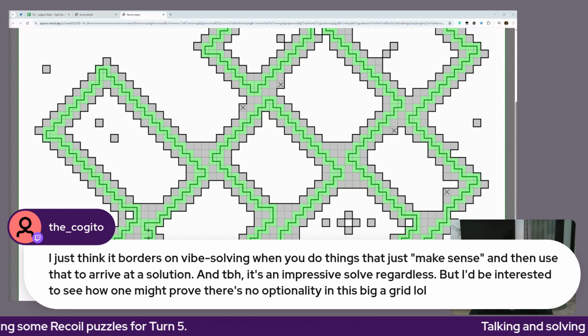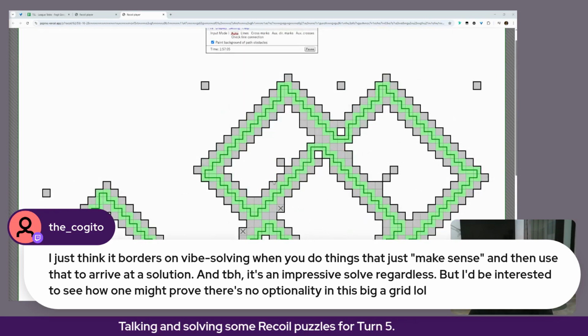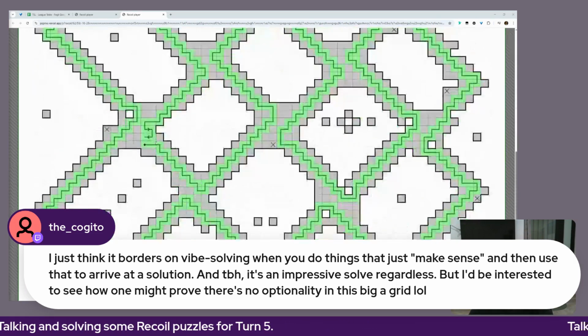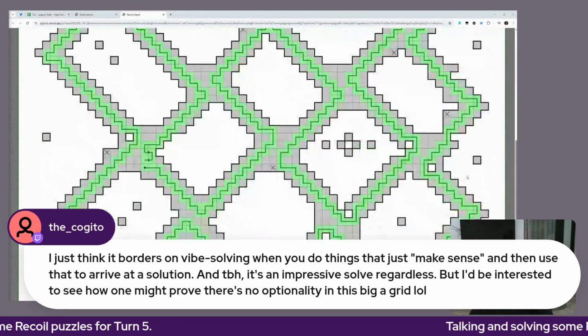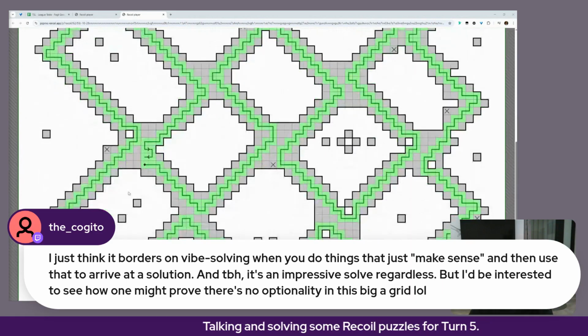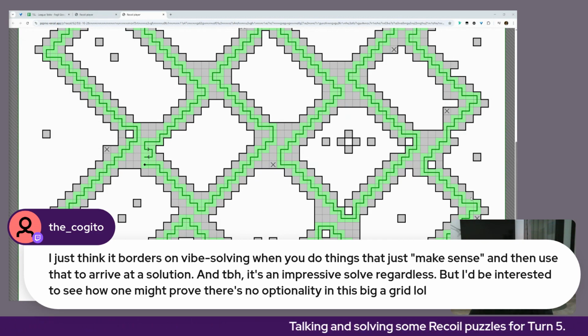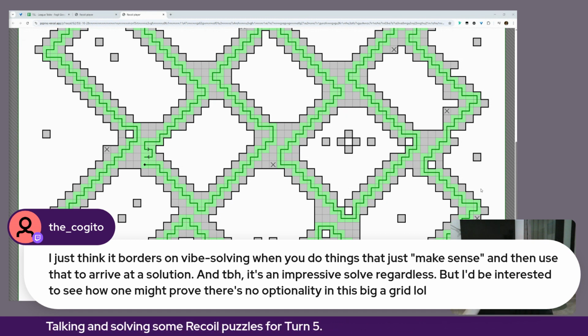I don't know how judges will tackle this one, honestly, and what's the idea. But what I know for sure is that this grid works when you have enough space to take into account the fact that small modifications or complete changes in one of the branches will propagate enough to just make the whole puzzle not solvable, because one of the branches will be not reachable or entirely not recoiled.